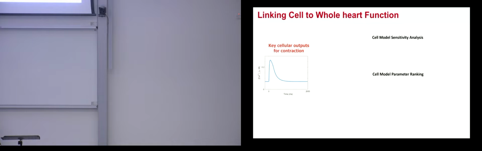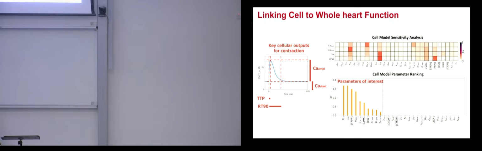So what we then did was look at what the key output of our cell model was. In this case, we know there's a chemical signal, the calcium transient, which is going to be driving contraction. We can make a parametric representation of that signal in terms of its amplitude, its baseline value, how long it takes to peak, and how long it takes to recover. We can train an emulator, a Gaussian process emulator, to our cell model outputs, and then do a global sensitivity analysis on the cell model for all the different outputs.